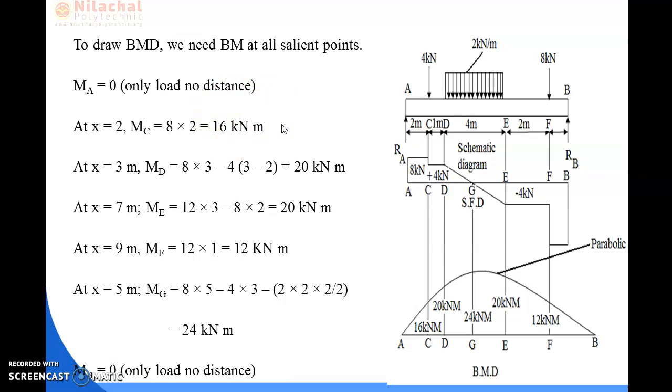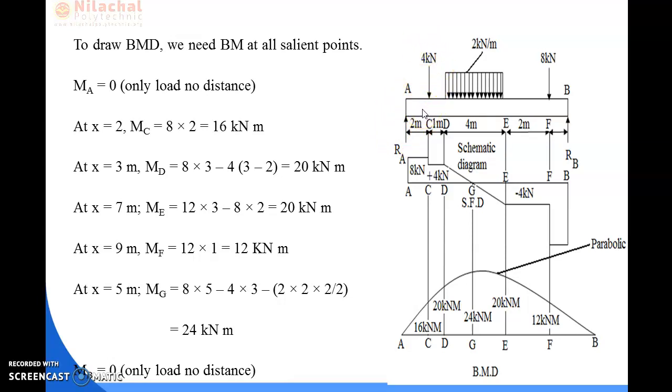Now we will calculate the bending moment at point D. You can see here also we have to consider the left side of the portion because there is less loading. Here 2 loadings are there to calculate the moment at point D: one reaction and one point load.